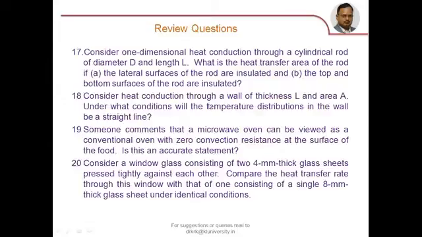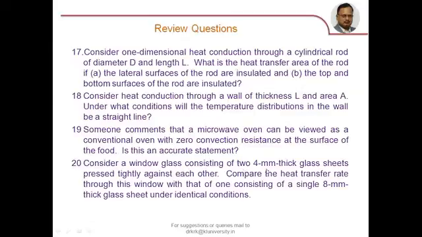The second question, consider heat conduction through a wall of thickness L and area A. Under what conditions the temperature distribution in the wall will be a straight line? Is a micro oven viewed as a conventional oven with zero convection resistance or not?